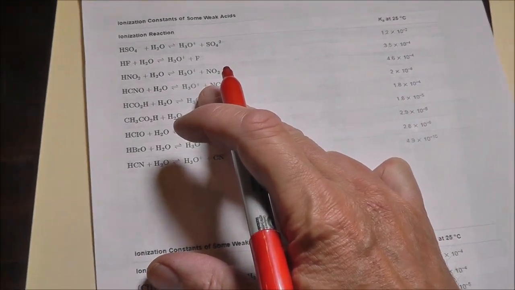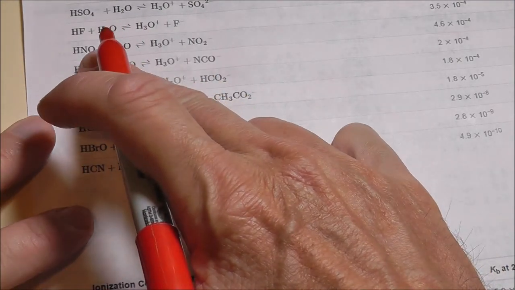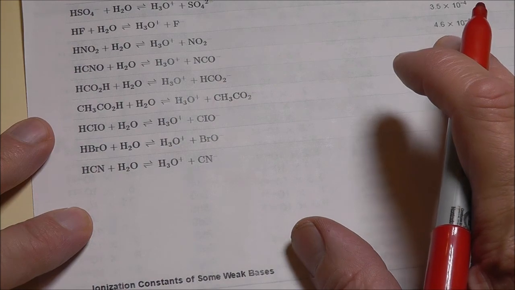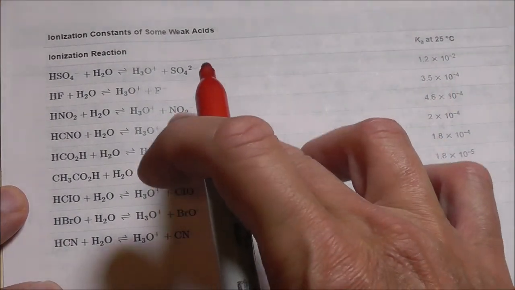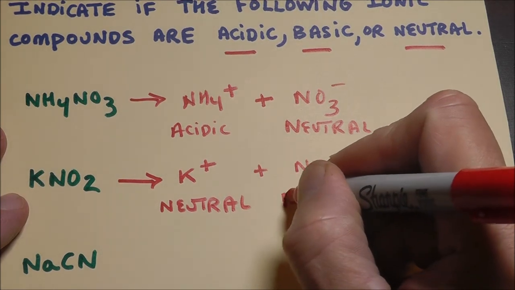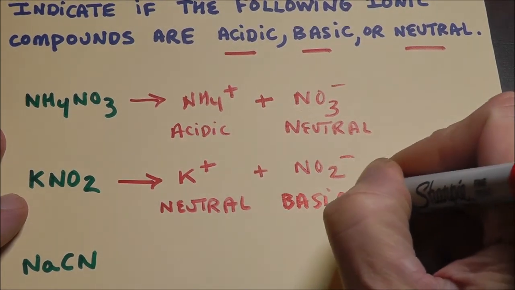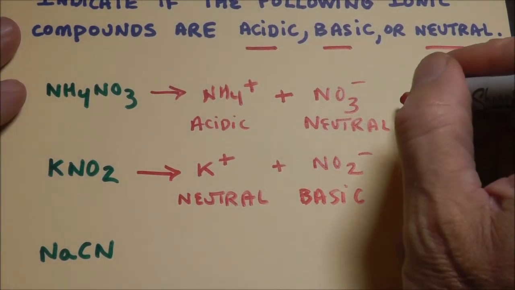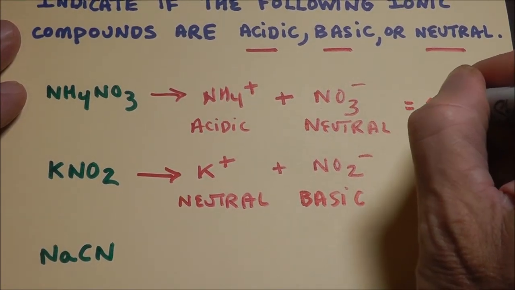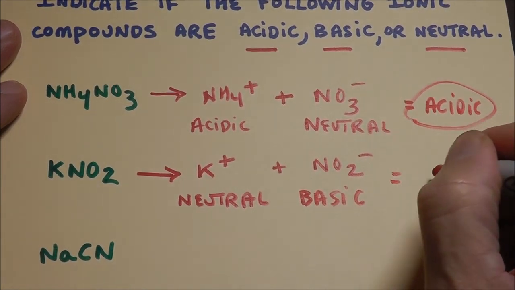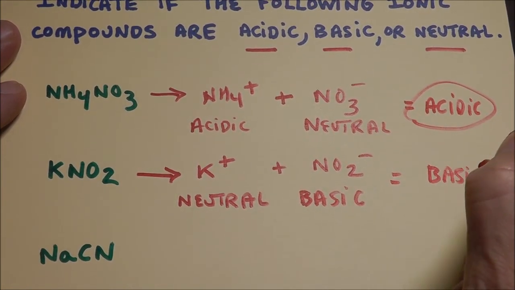Nitrous acid is HNO2, and it has a Ka of not infinity, but 4.6 times 10 to the minus 2. That, my friends, is basic. Oh, by the way, when you put this together, acidic plus neutral is acidic. Neutral plus basic is basic.